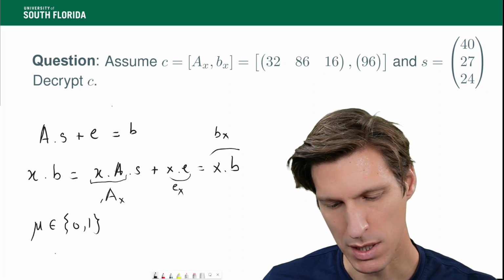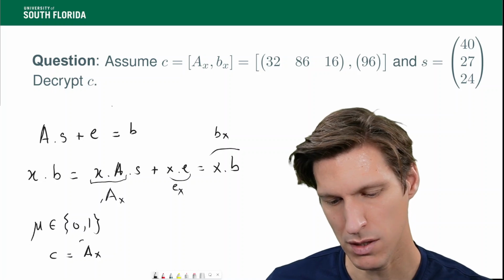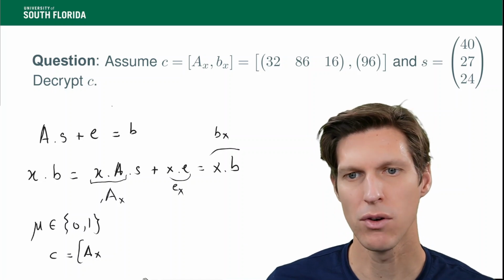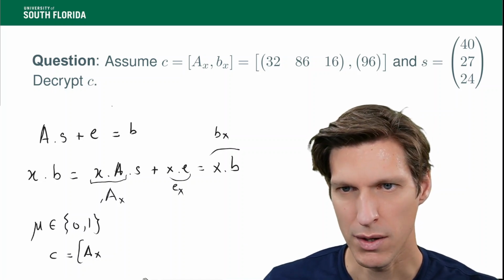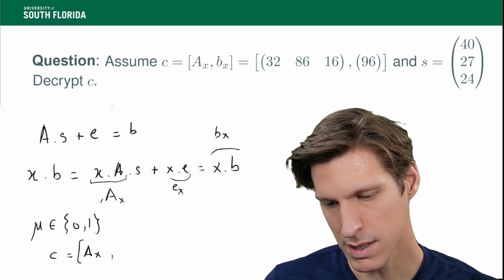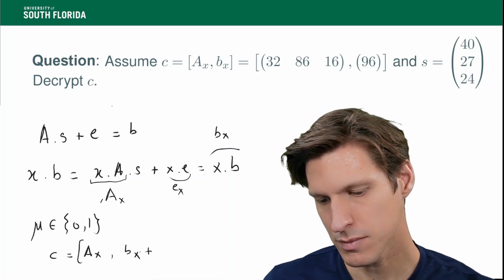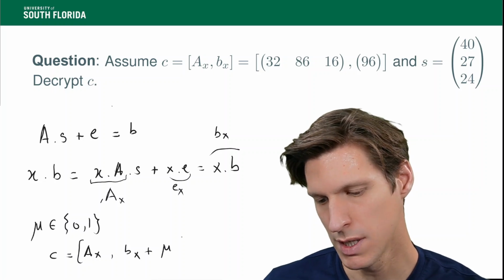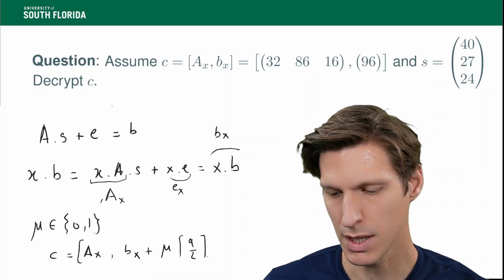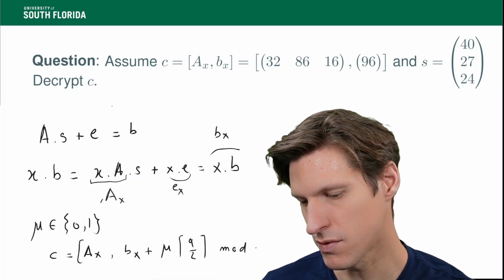Then the encryption is going to be given by A sub X, which I have to give away so that the person who decrypts is going to be able to recover A sub X times S. And then as a second coordinate, I'm going to have B_x plus mu, which is a 0 or 1, times the rounding of q over 2. And all of that, of course, is mod q.